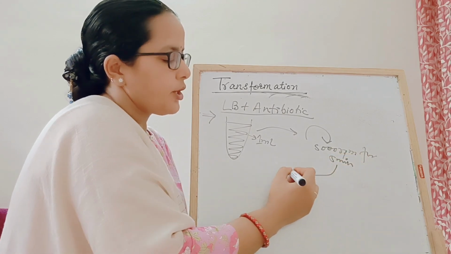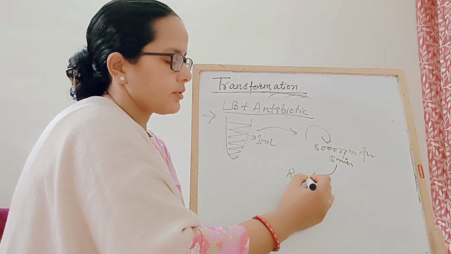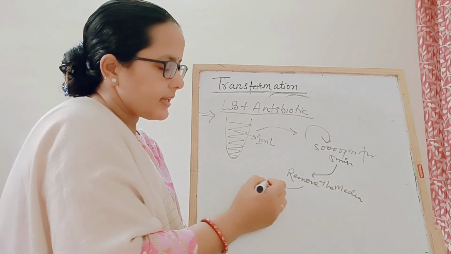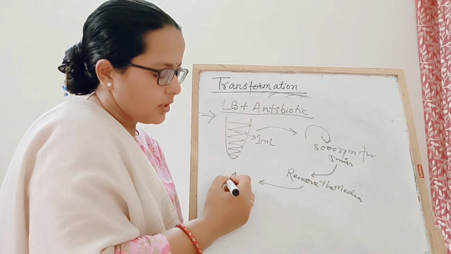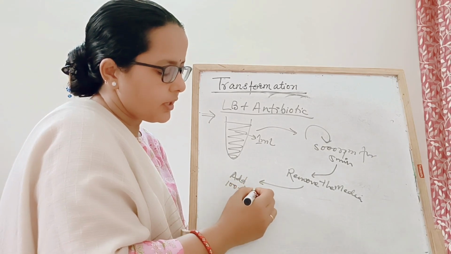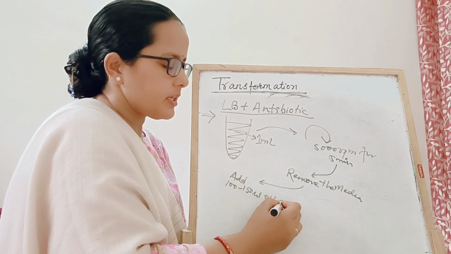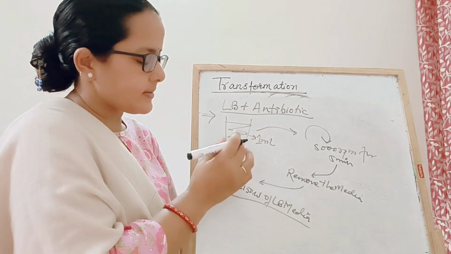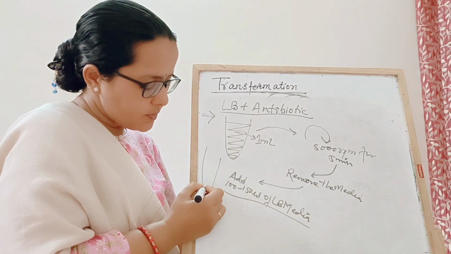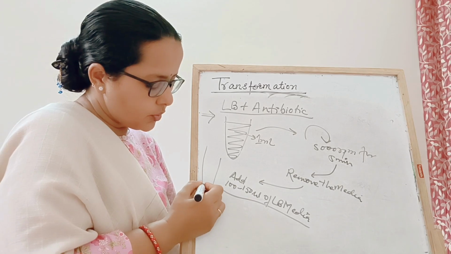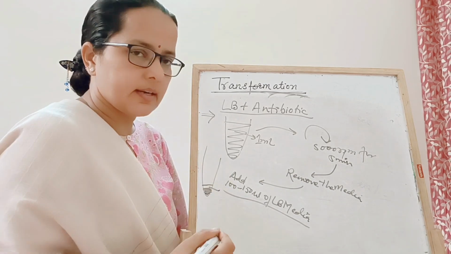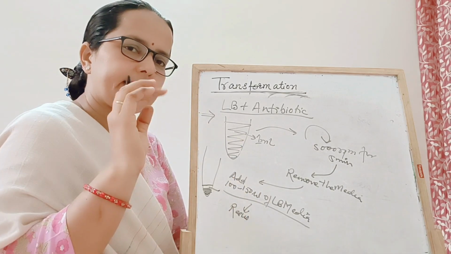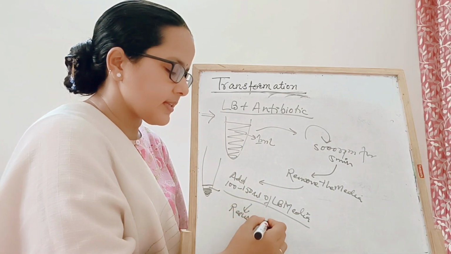Then remove the media and then add 100 to 150 microliter of LB media to the cells. अब आपके पास पैलेट बन गई, इस पैलेट में आपने 100 to 200 microliter of LB media ऐड करना है and then resuspend the cells. Gently you have to resuspend the cells.